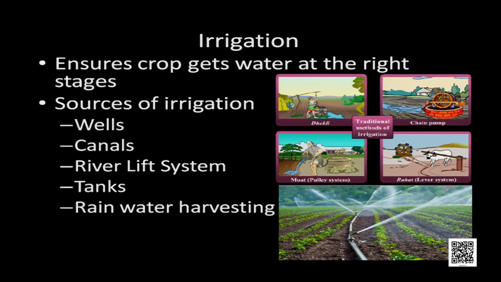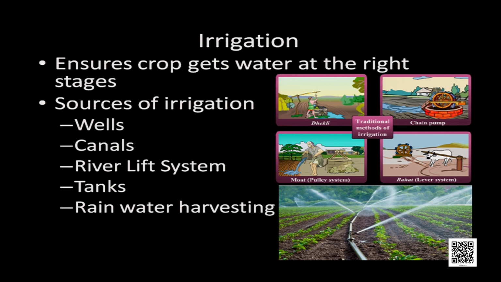Now next one is irrigation. As we know, most of the agriculture in India is rain fed, but the monsoon is uncertain. A poor monsoon can ruin or destroy the crop. Therefore, to ensure the crop gets water at the right time, we need irrigation.